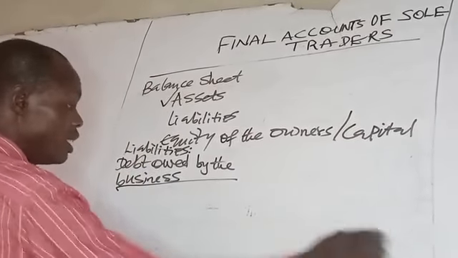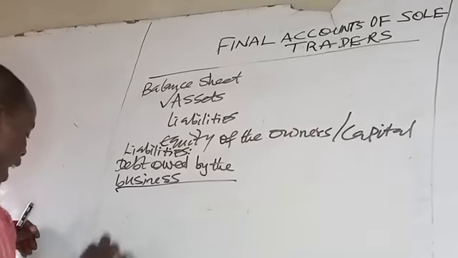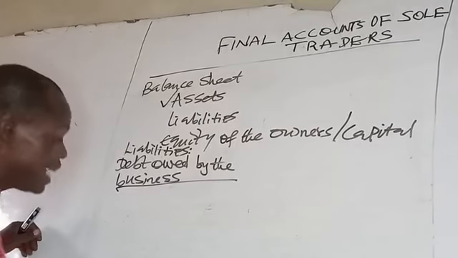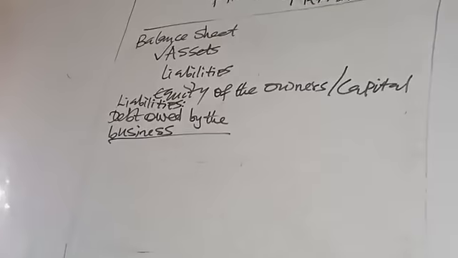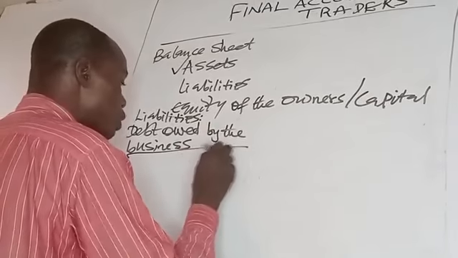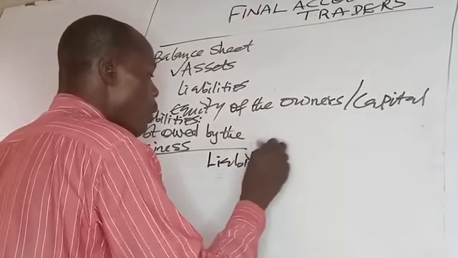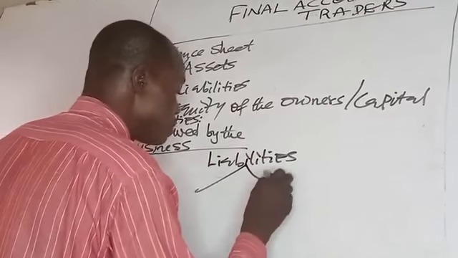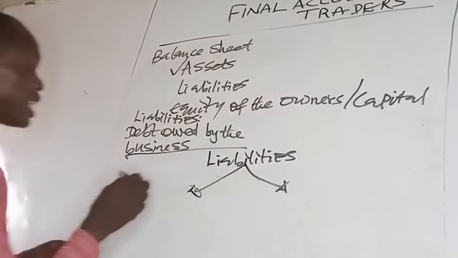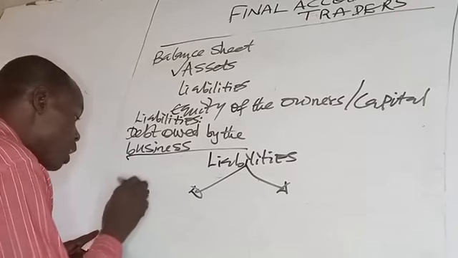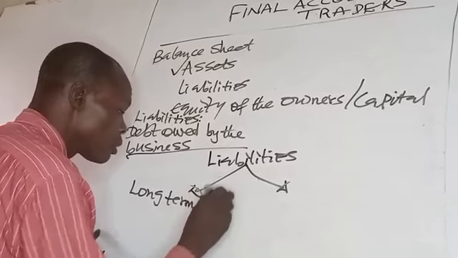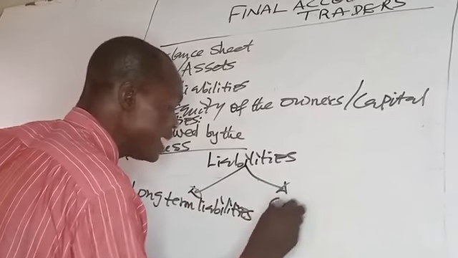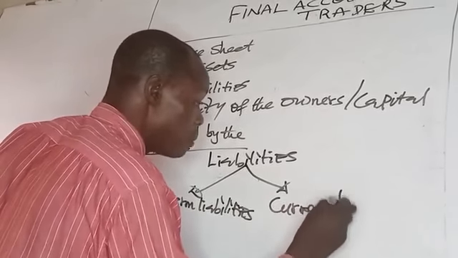Those debts that are expected to take more than a year before the business can pay them back, we call them long-term liabilities. So liabilities are debts owed by the business. For our purpose, we want to categorize the liabilities into two: the long-term liabilities and the current liabilities.